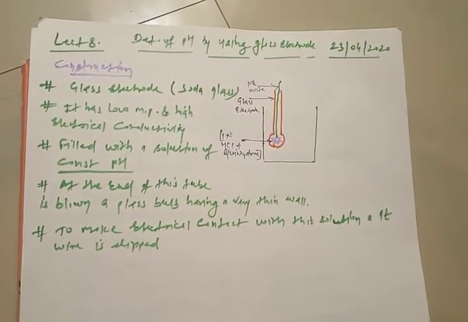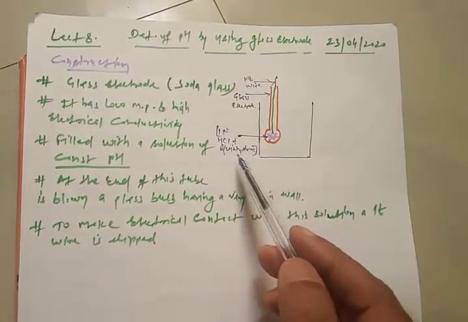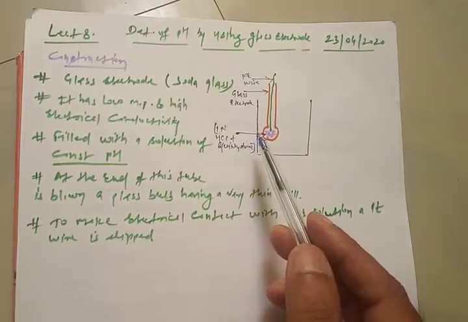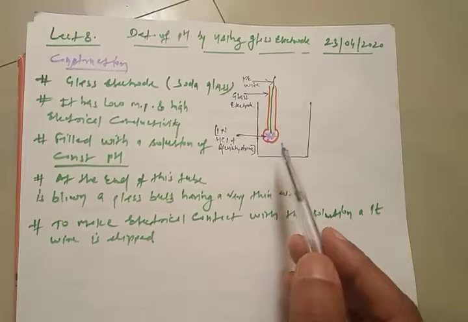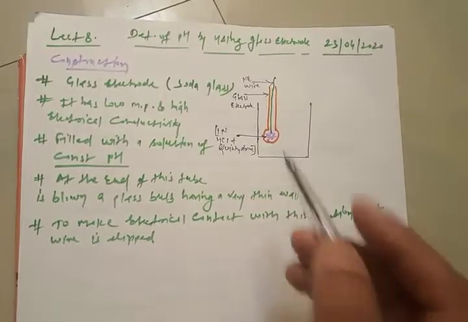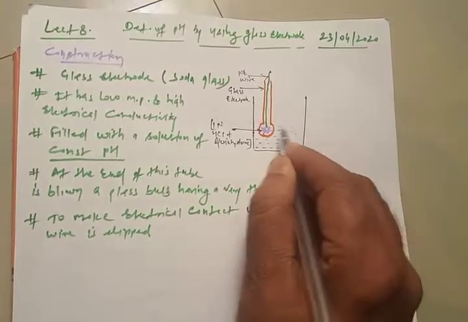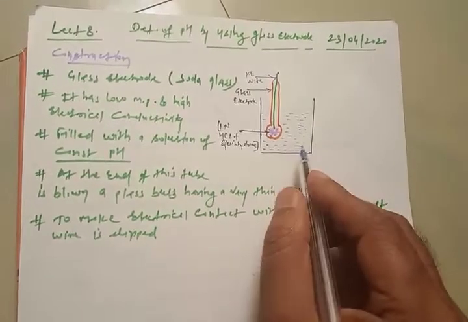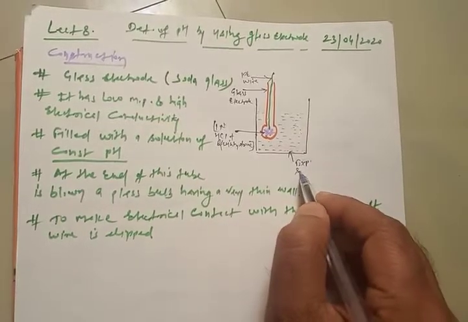Now a very important thing is coming. This is 1N HCl and quinhydrone, so this is the known value, we know that. Then this will be in contact with another solution, because we need to create a potential difference. Got it? What I'm drawing here is the experimental solution.